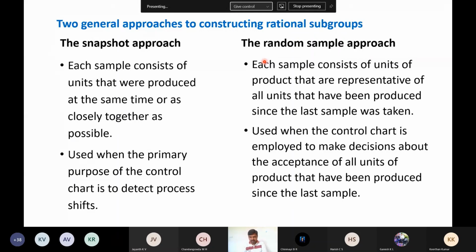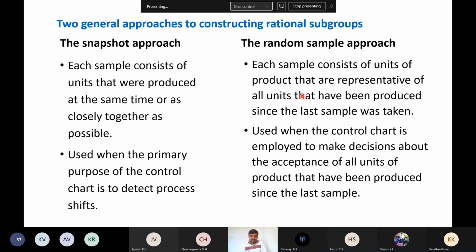But there is one more condition: whatever sample you pick should represent the remaining units of that interval. So in the random sample approach, each sample consists of units of product that are representative of all units that have been produced since the last sample was taken.